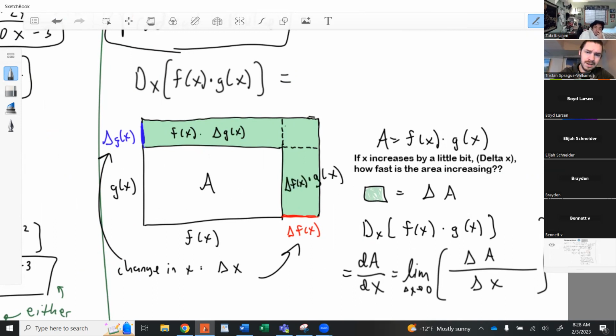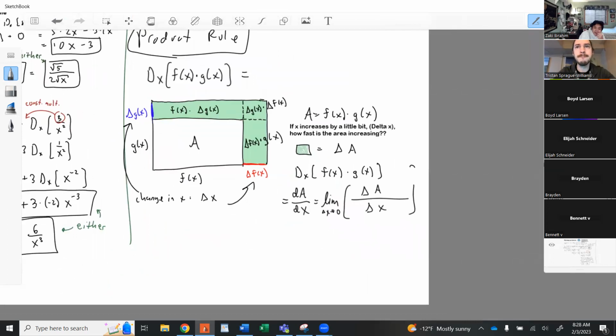And then up in this little tiny rectangle, we have the change times the change, change in g times change in f. So here's what we can do. Add those three things together, and that's the numerator.